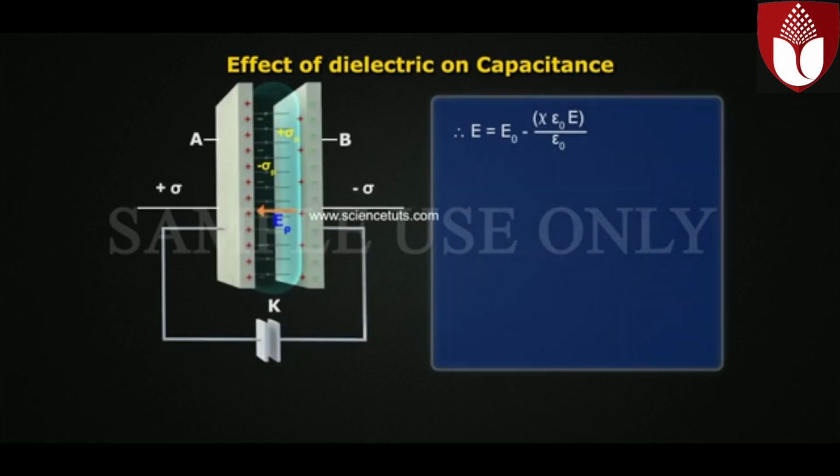Therefore, E equals E naught minus chi epsilon naught E by epsilon naught, E equals E naught minus chi E, E times (1 plus chi) equals E naught.